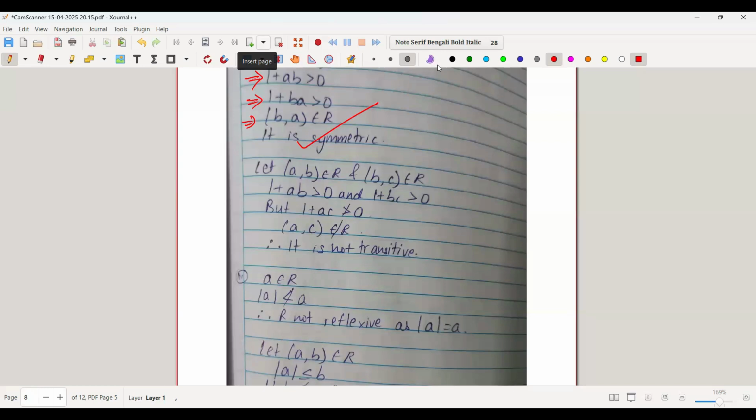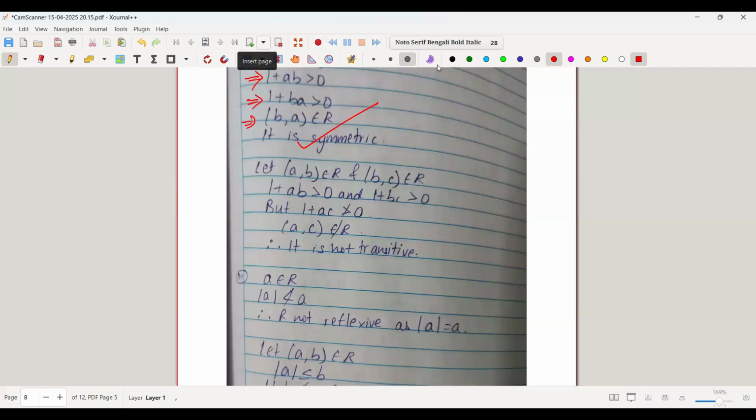If 1 plus ab is greater than 0, then 1 plus ba is also greater than 0, so that was the symmetric part.